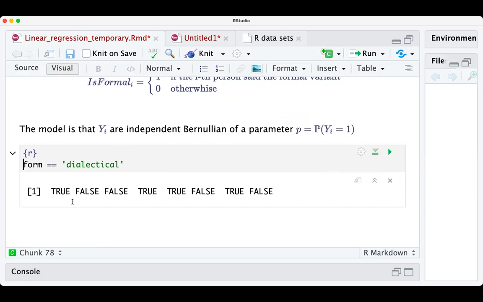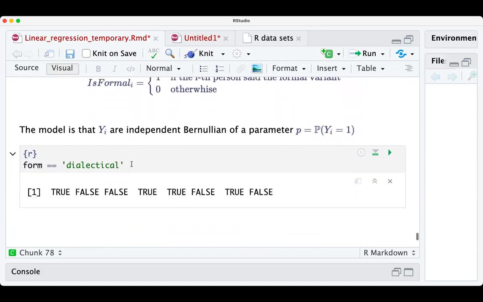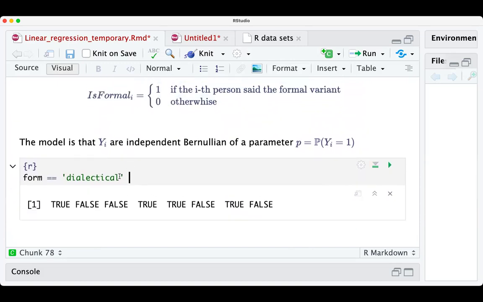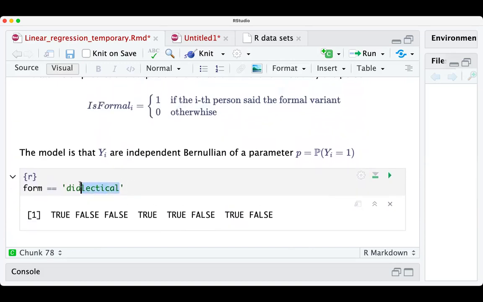So true will be in the positions where there is a dialectical, false when it's not dialectical, which in this case means that it is formal. So let me use formal here instead of dialectical.